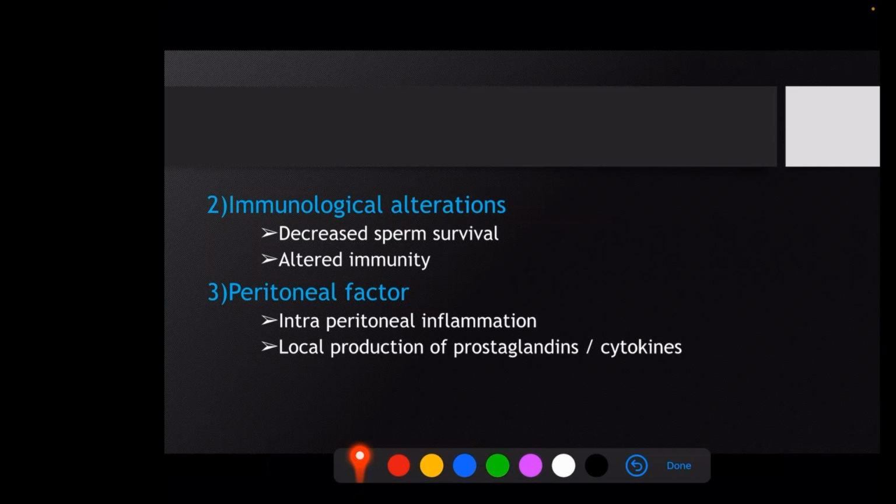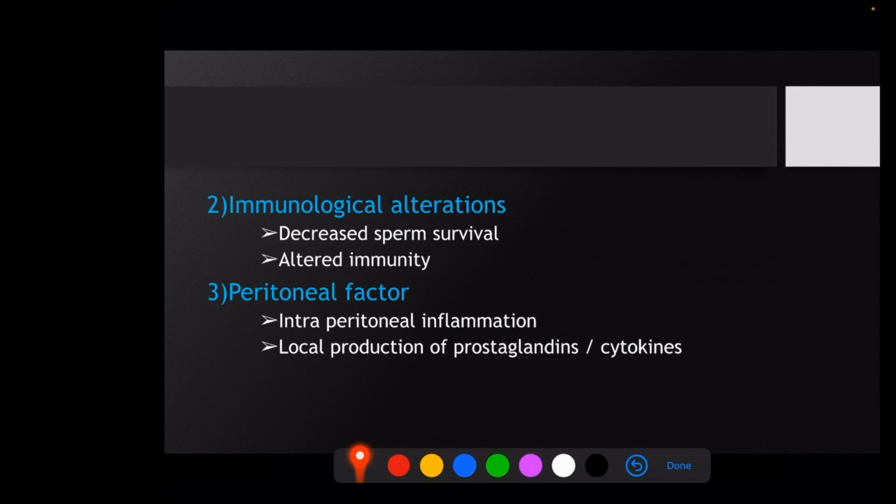endometriosis or women with endometriosis, there may be increased peritoneal fluid volume, increased peritoneal fluid WBC, then increased production of inflammatory cytokines, growth factors, and angiogenesis promoting factors. It has been found that there is an increase in the number of leukocytes or WBC in infertile women with endometriosis as compared to fertile women.